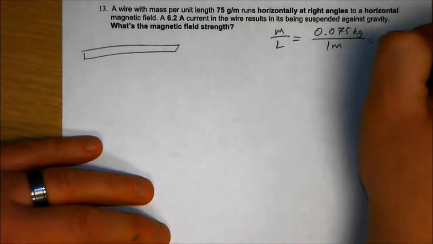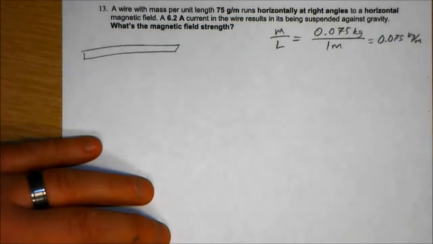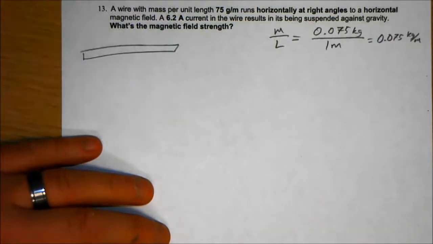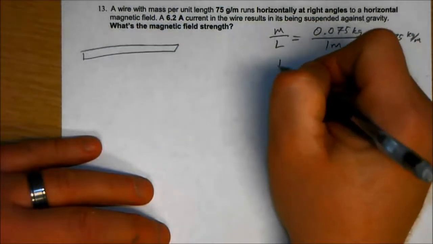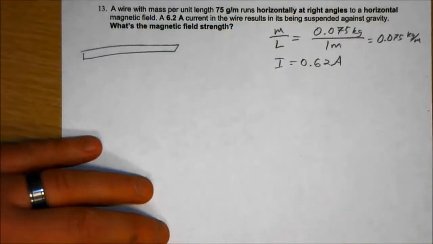Or I can just write 0.075 kilograms per meter. Okay, and we have current equals 0.62 A. What's the magnetic field strength?